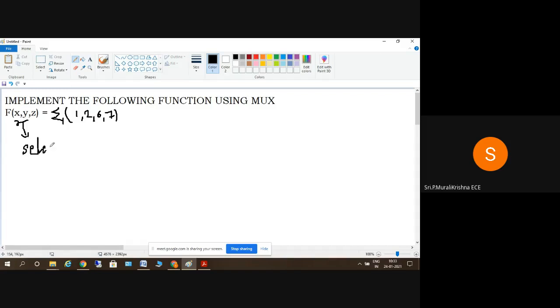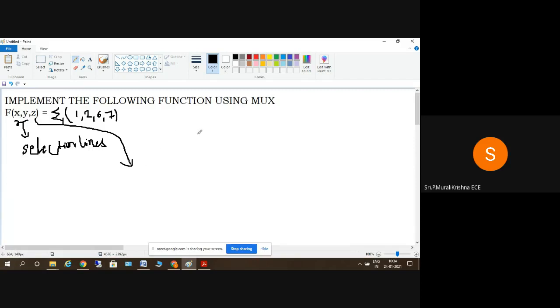And whatever outputs we get here should be in terms of z.